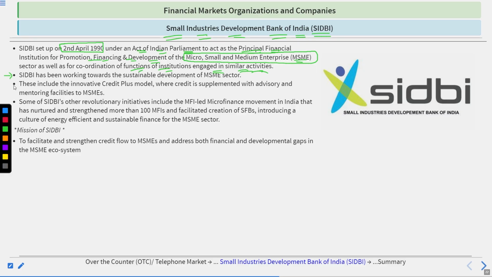SIDBI has been working towards the sustainable development of the MSME sector, including the innovative Credit Plus model, where credit is supplemented with advisory and mentoring facility to the MSMEs.